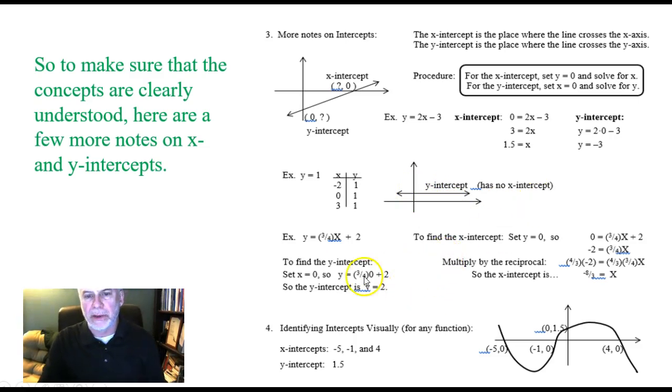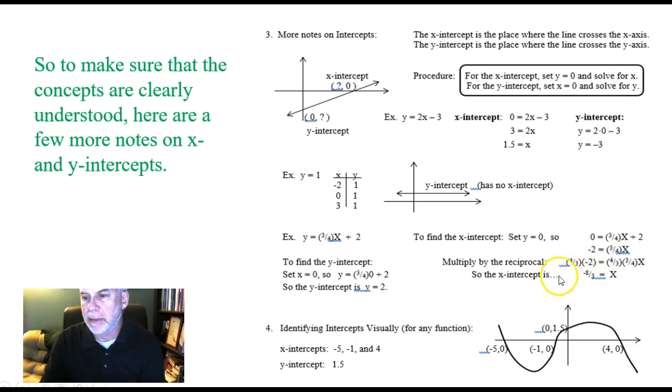All right. Another example, y equals 3/4 x plus 2. To find the x-intercept, let's set y to 0, and I do that over here. So 0 equals 3/4 x plus 2. I would subtract 2 from both sides to move that plus 2 over, so it becomes negative 2 equals 3/4 x.